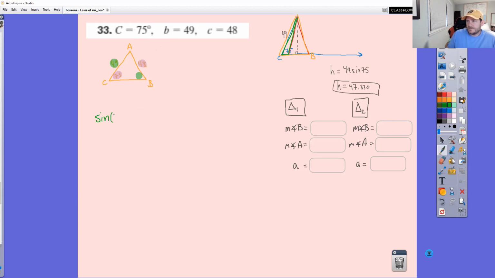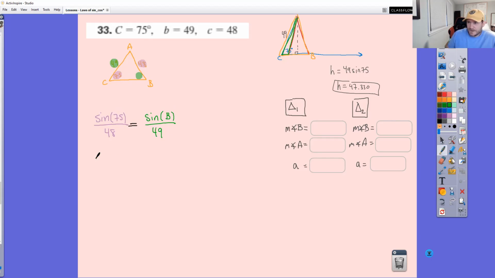Oh, that shouldn't be green. That was supposed to be lavender. But that ratio equals the ratio of the greens, which would be sine of our unknown angle B divided by 49.